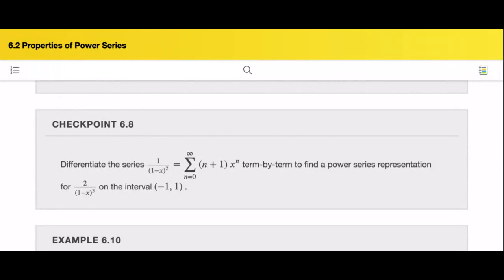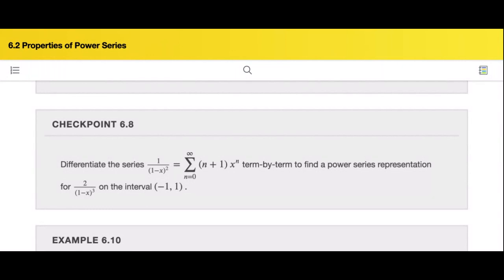Then 3x squared, then 4x cubed, and so on. So when we differentiate this, we just differentiate term by term. Derivative of 1 is 0, derivative of 2x is 2, derivative of 3x squared is 6x, derivative of 4x cubed is 12x squared, right? So on and so forth.